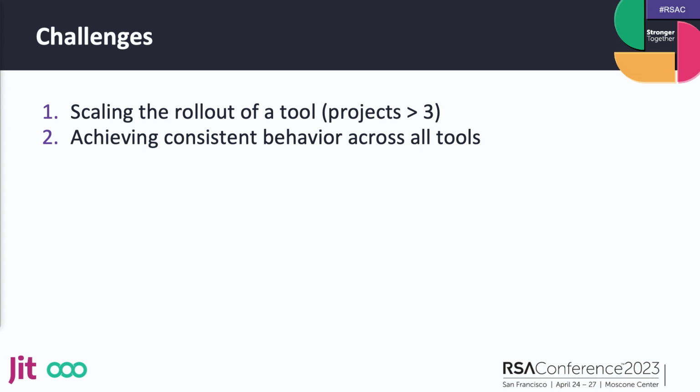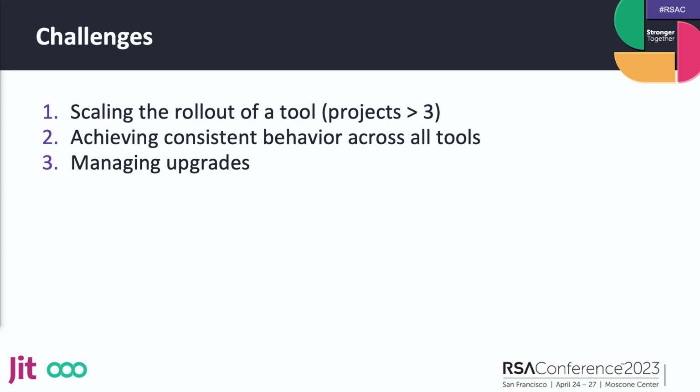Whether you get the results directly as a comment in your PR, or as an artifact in GitHub, for example, or as, I don't know, an issue in GitHub. There's multiple ways you can get the results. So it's important to know how you can achieve consistent behavior, because you don't want to have a high learning curve for all those tools.